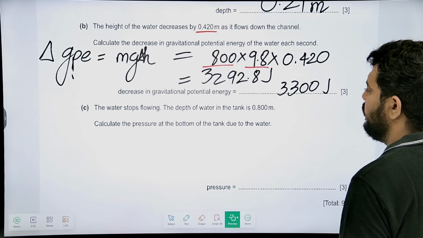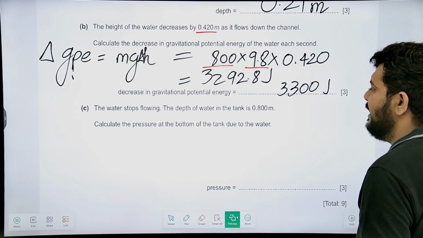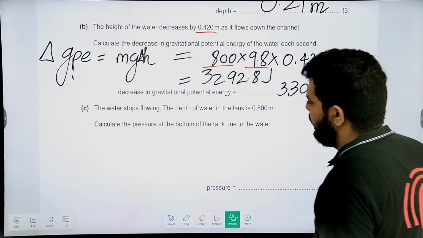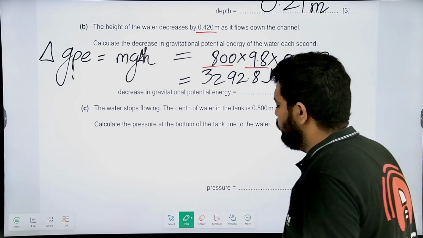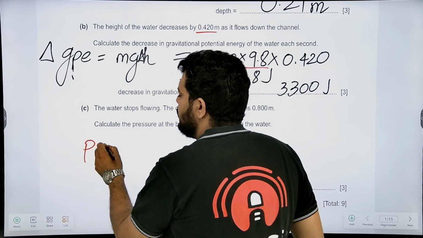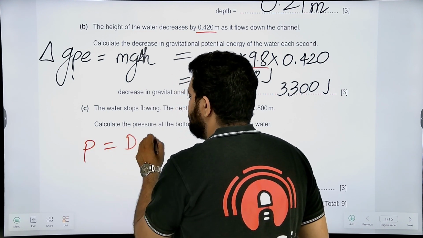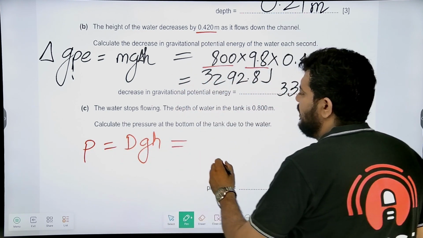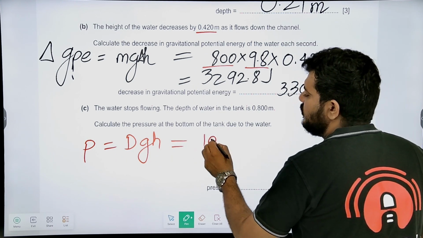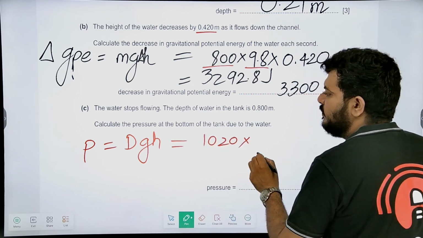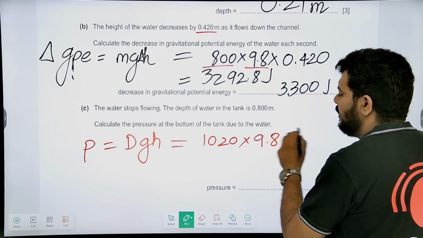Water stops flowing. The depth of the water in tank is 0.800. Calculate the pressure at the bottom of the tank due to water. We know that pressure is given by dgh, right? This can be written as density is 1020, given in the first part of the question. G we have to take 9.8.